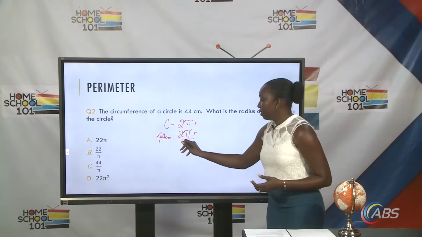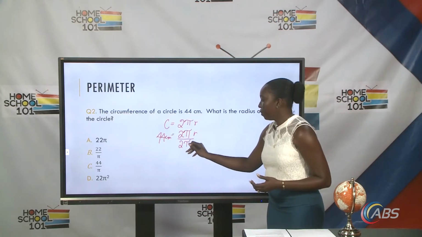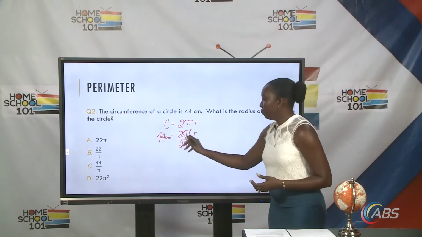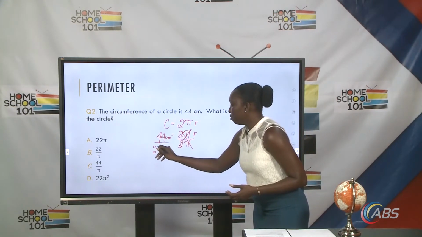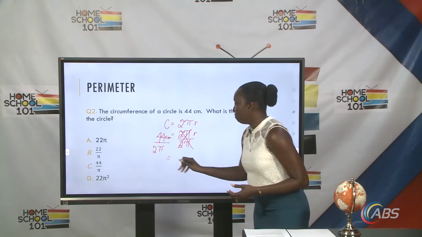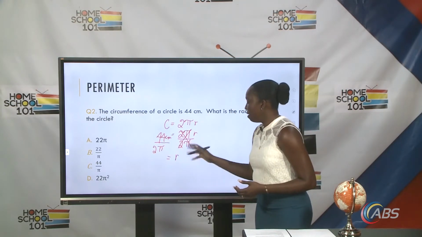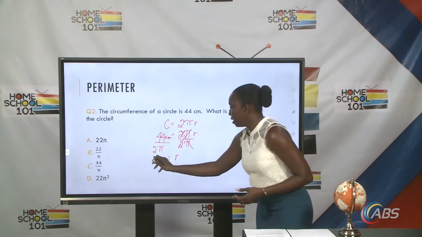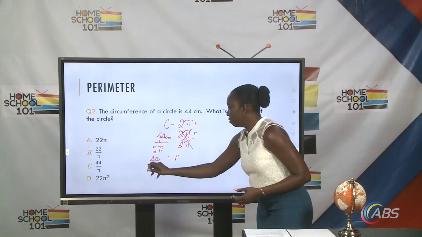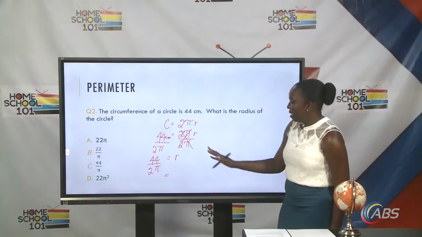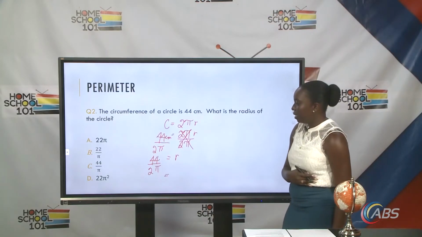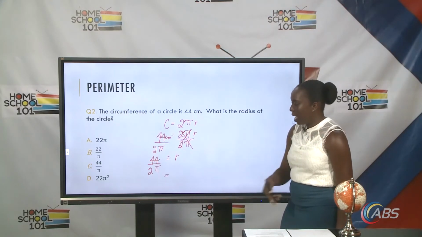So if I divide over here by 2 pi, I know that they're both gone, yeah? And if I divide over here by 2 pi, I now have what r is equal to, because r is all I have left on my right side. So r is equal to 44 over 2 pi. But that's not quite done yet, and we actually don't see our answer over there just yet.